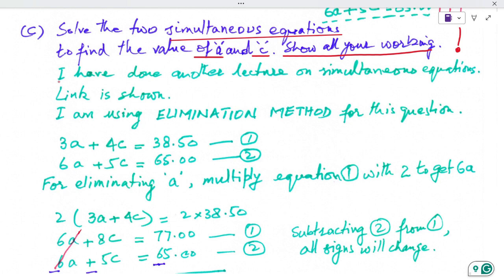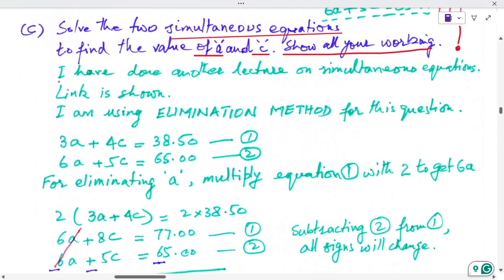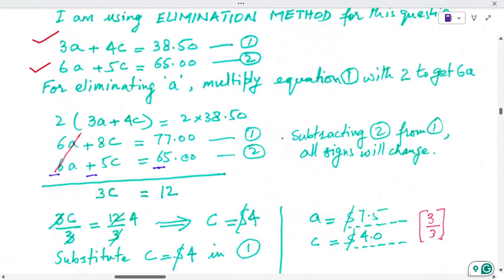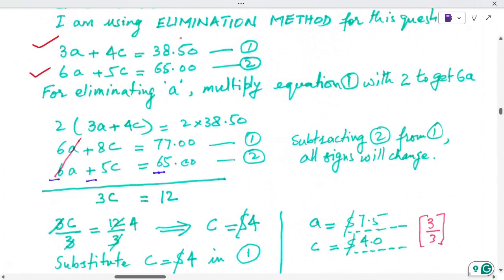Now, I write down the equations first. Looking at equation 1 and equation 2, it is easier to eliminate A because 3A is in equation 1 and 6A is in equation 2.